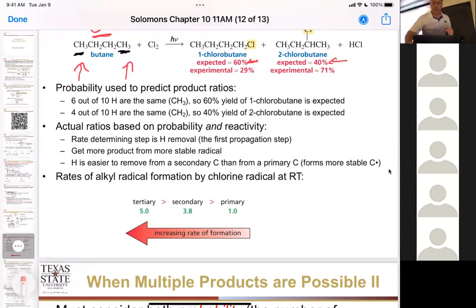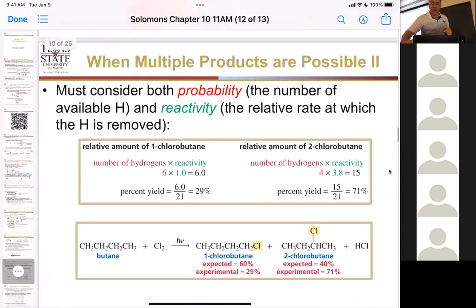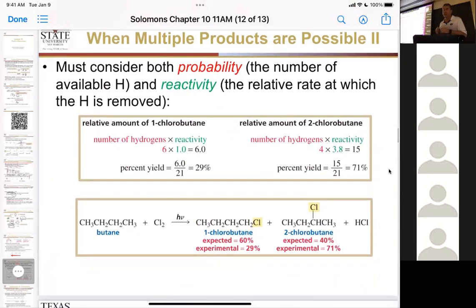So what can we do when we have more than one? We can predict what our products will be by the reactivity ratio of a primary versus a secondary. If our primary has a relative rate of 1, and our secondary is 3.8 times faster, we should be able to predict our product ratios.